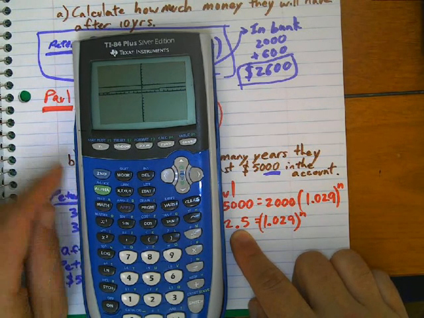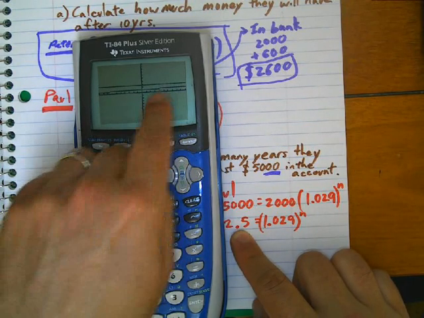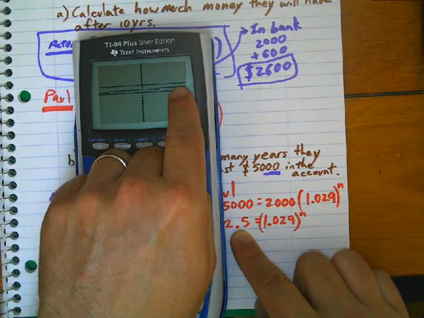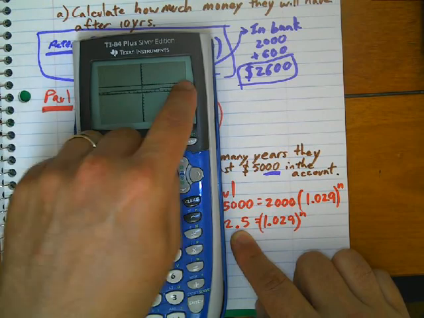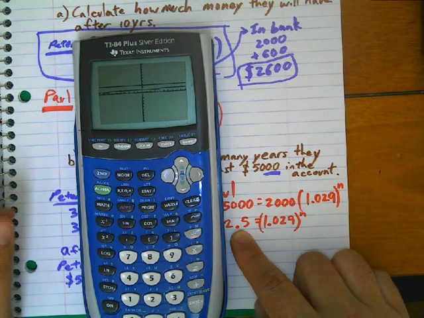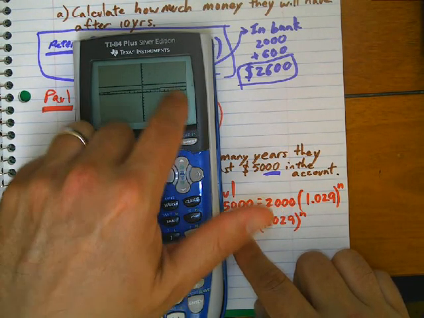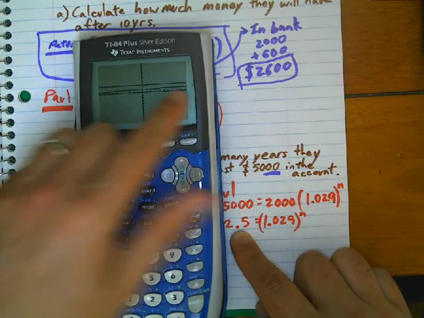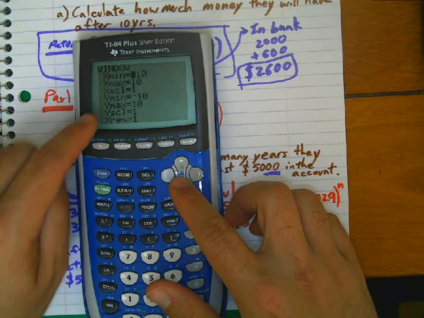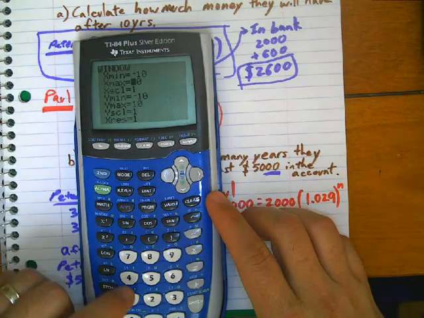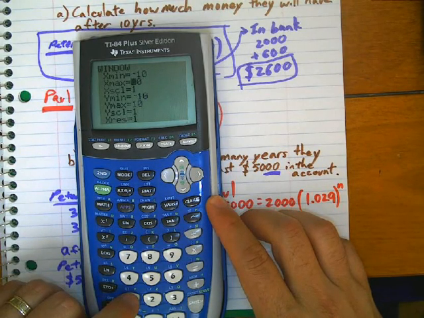Okay, so the bottom one, you can see it's curving ever so slightly, and this 2.5 is going across. So let's change the x-axis here. I go to Window, and I'm going to change the x-max to, let's make it a bigger number, 100.